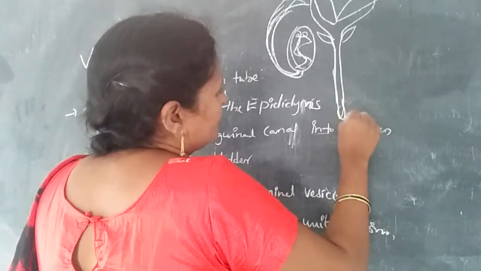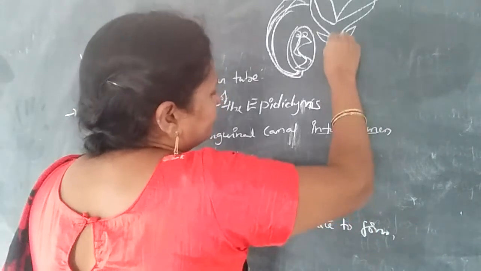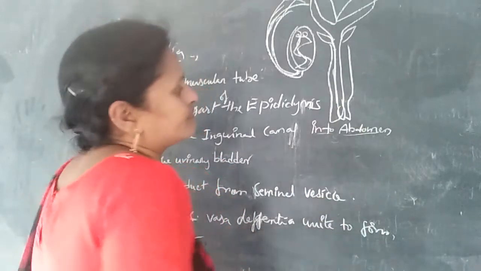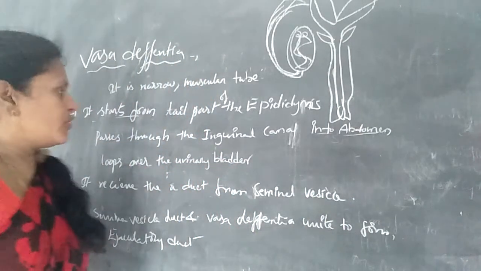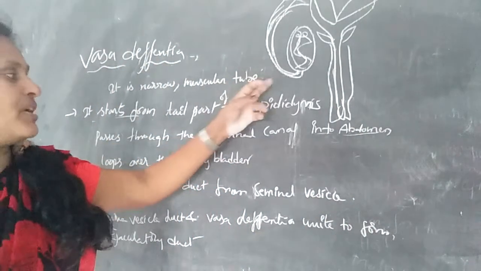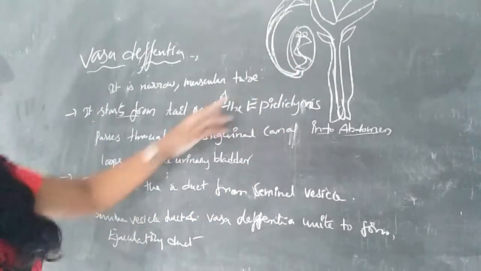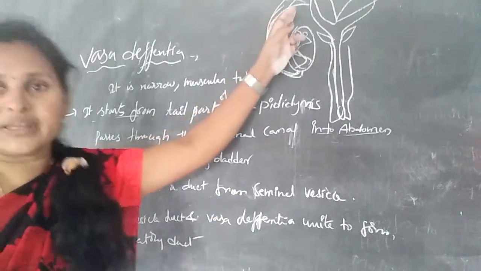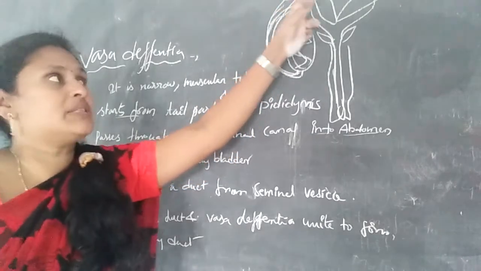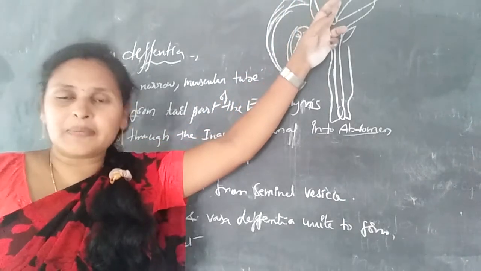So the vas deferens starts from the tail part of the epididymis, passes through the inguinal canal into the abdomen, and loops over the urinary bladder.